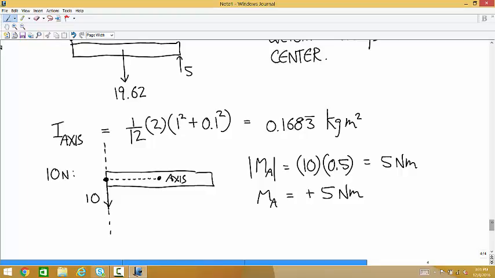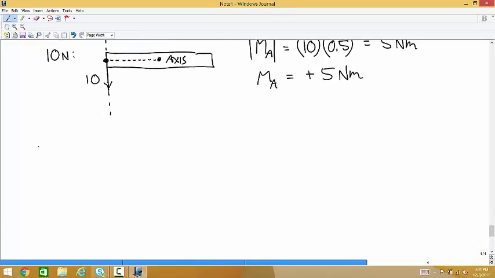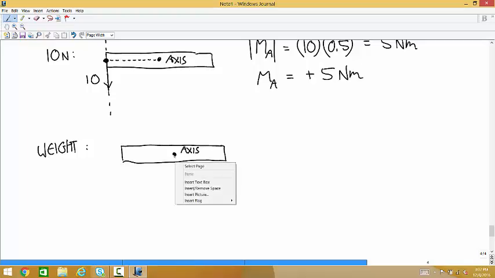Okay, now let's do the same thing with the weight. Here's the axis. The weight is actually occurring at the axis. And so when that happens, it's like trying to turn the screw by applying a force directly to the bolt.